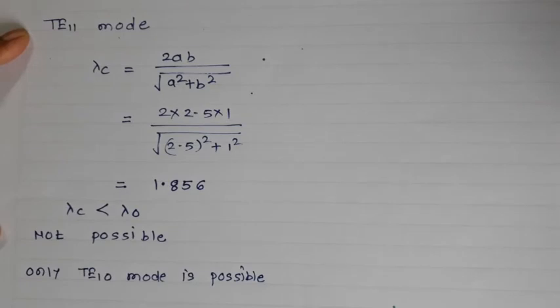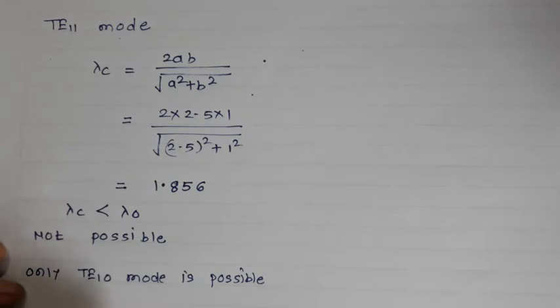Now let us talk about the TM wave. Whenever we are talking about the TM wave, TM00 is not possible, TM10 is not possible, so only the TM11 wave is possible. So let us check the conditions.